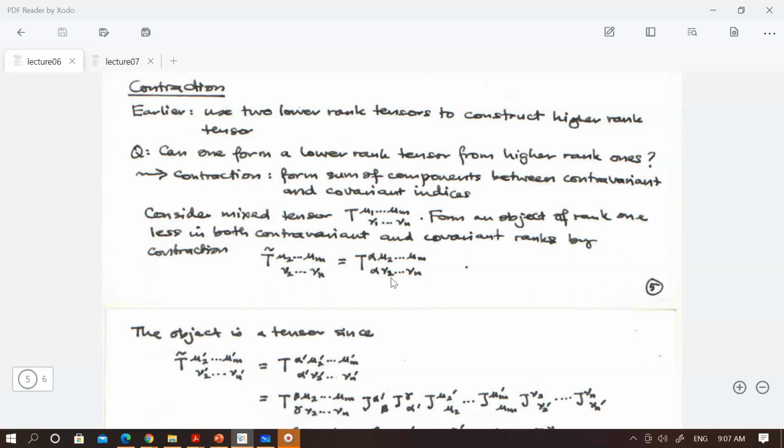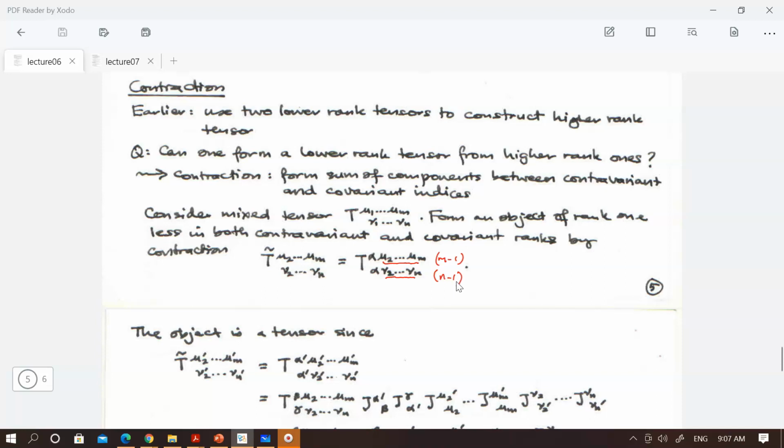So in other words, the object that we have effectively is not of m indices at the top and n indices at the bottom, but m minus 1 at the top and n minus 1 at the bottom.